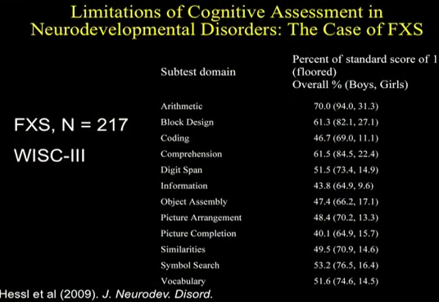Another way that I think we can make some generalizations from Fragile X to autism is in the cognitive domain. And what we found in a recent study that was a collaboration between the MIND Institute, the Fragile X Center here at the MIND Institute, and also the Fragile X group at Stanford, where I came from before here, we collected IQ test data from about 217 individuals with Fragile X syndrome using the Wechsler Intelligence Scale.